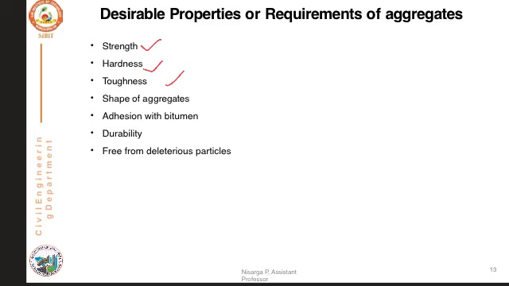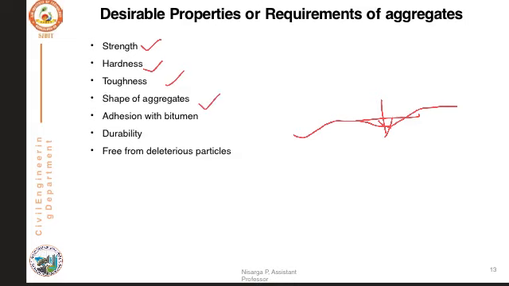The magnitude of the impacts will depend upon the roughness of the road surface. If the road is more uneven, the impact caused on the road will be more. Therefore, the aggregates used in road construction work should possess sufficient resistance to impact, or they have to possess the impact property.